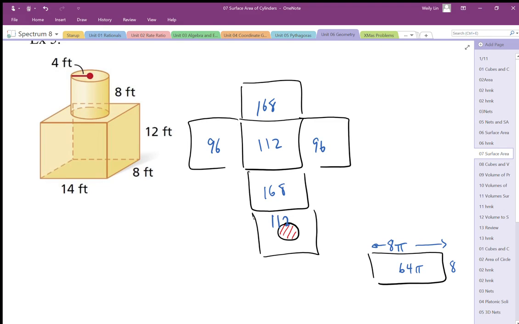I'm going to end up with 752 square feet, plus, that's all this part here, plus this one side surface of 64 pi, and that's going to be square feet. So there it is.